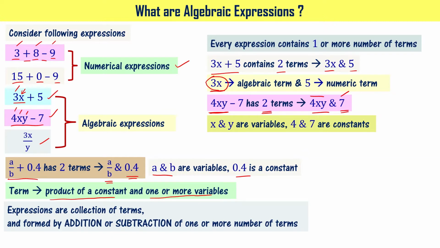The same is true with 4xy minus 7. You have two terms, 4xy is one term and 7 is another term, and you are adding or subtracting, right? Here you are subtracting 7 from 4xy, right? That's why this is called an expression. I hope you got the concept.